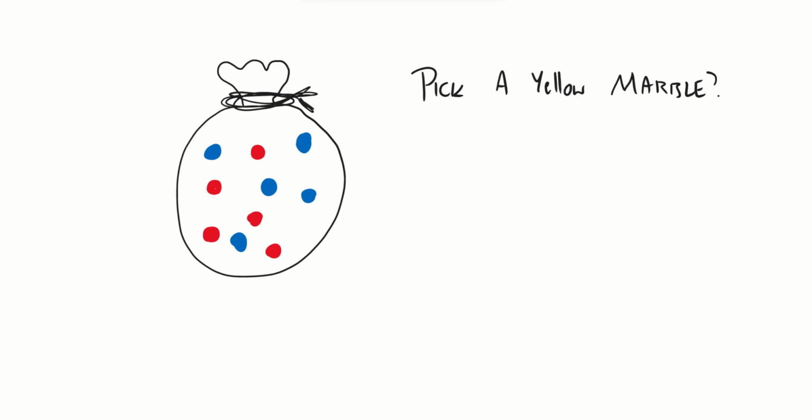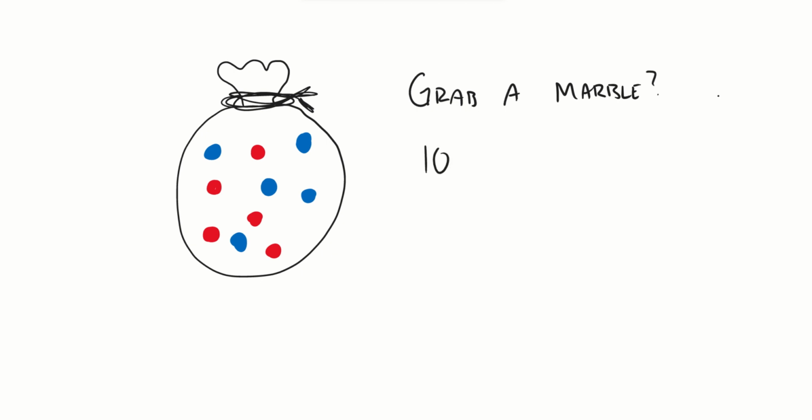Okay. What if I said, how likely is it to reach into the bag and grab a marble? Pull out a marble. Well, there's 10 marbles out of 10 total objects. It's 100%. That is certain to happen.